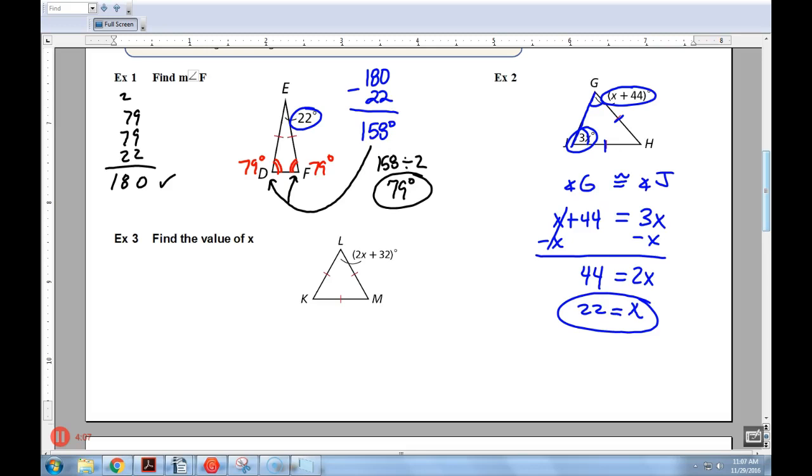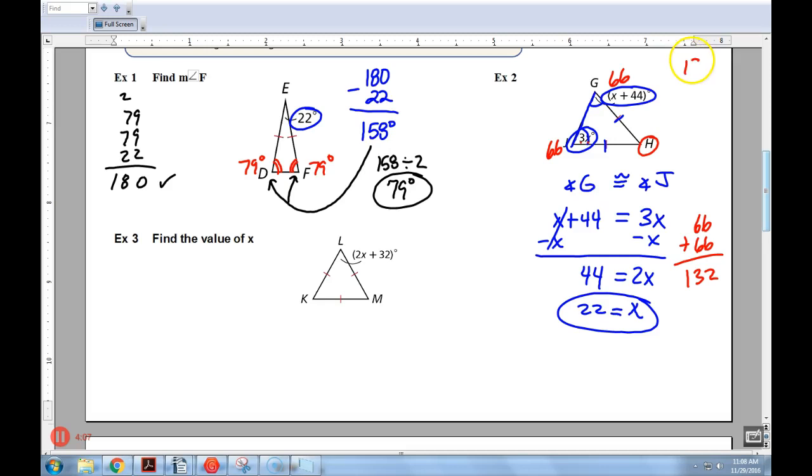So if I plug 22 in, that will give me 66, and 3 times 22 will give me another 66. So even though they don't give me an expression for h to plug it into, I can still calculate it, because 66 plus 66 is 132.